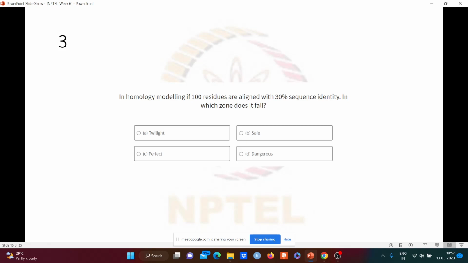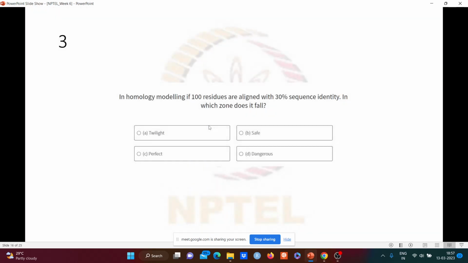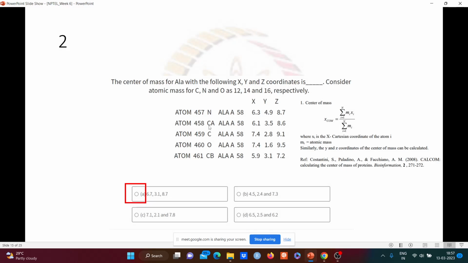Yeah, we can do that, because we have a carbon in the name of C alpha, like Ca, C, and Cb. So that's why carbon has been considered three times.